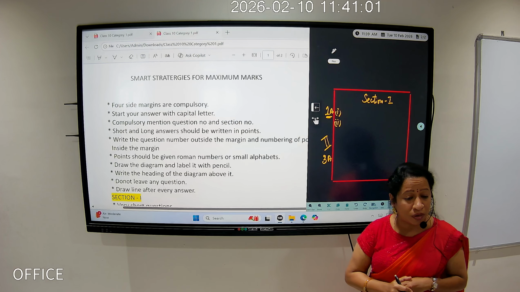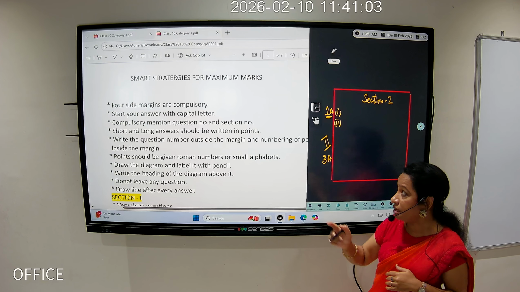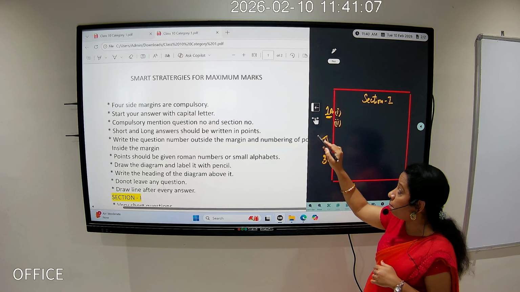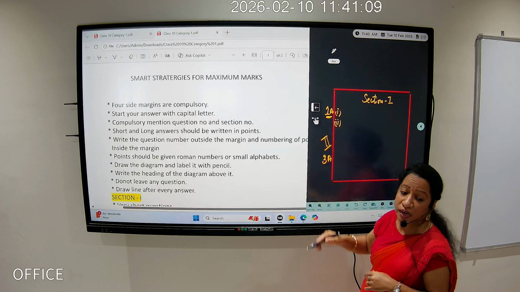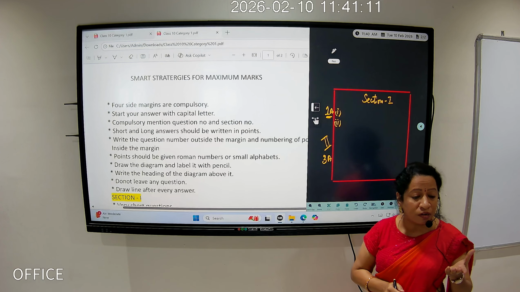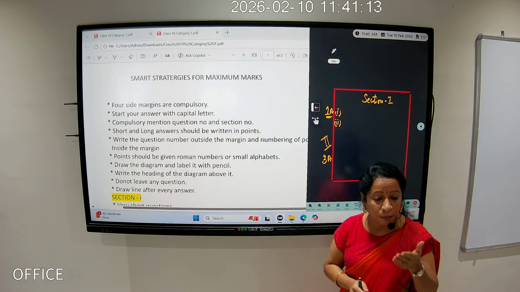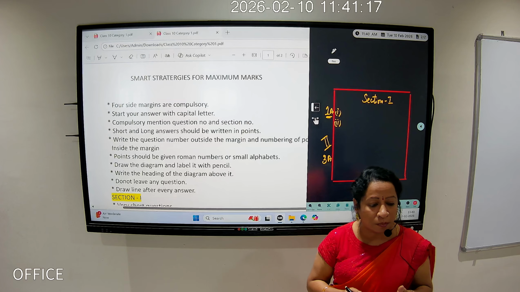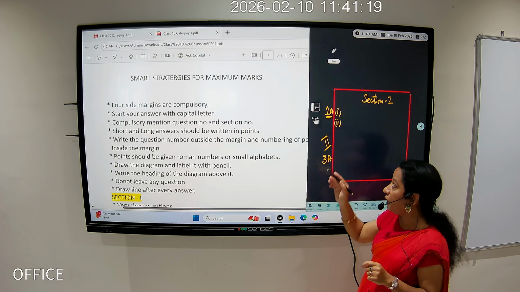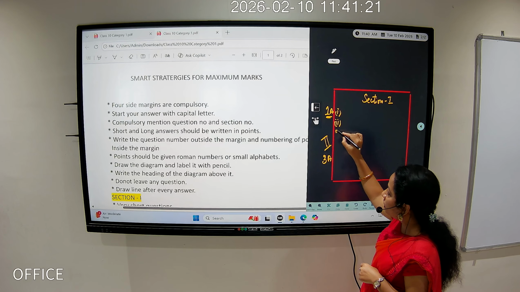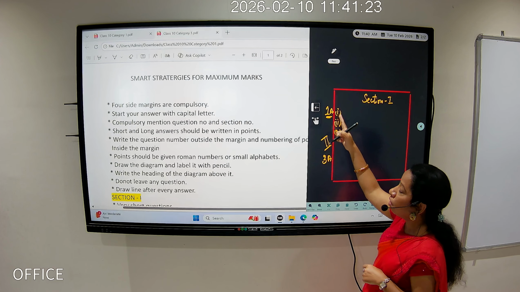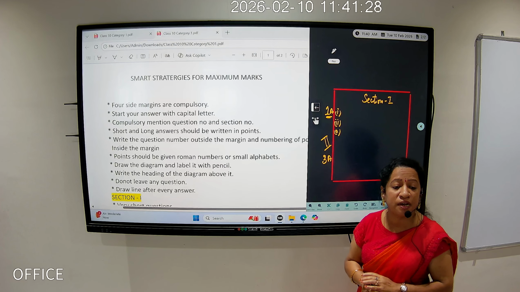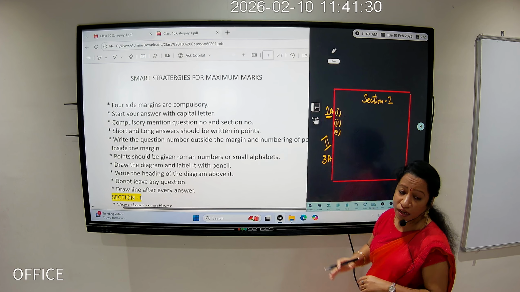There are some students who are committing this mistake, like this is the first question and they will write the point number as 1, which is outside the margin. So the person, whoever is evaluating your paper, he cannot understand which is the question, which is the point number. So generally when you are writing points, you can either use small alphabet or the Roman numbers, which should be compulsory written inside the margin.